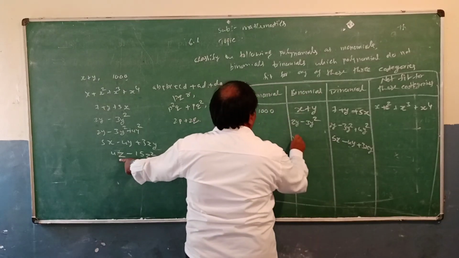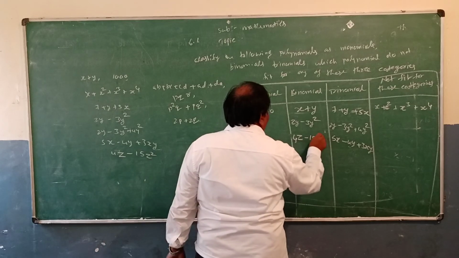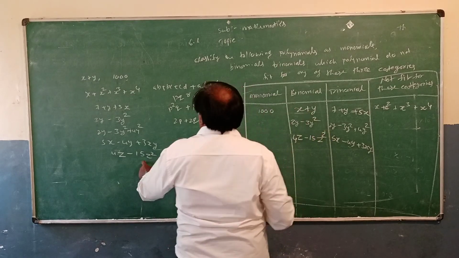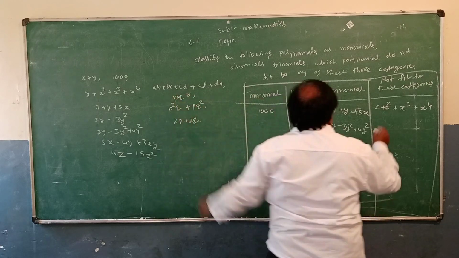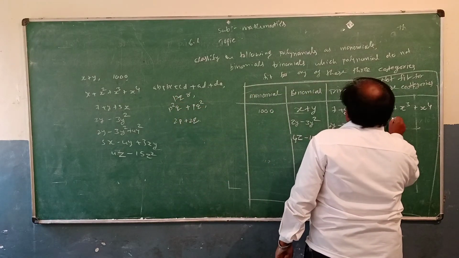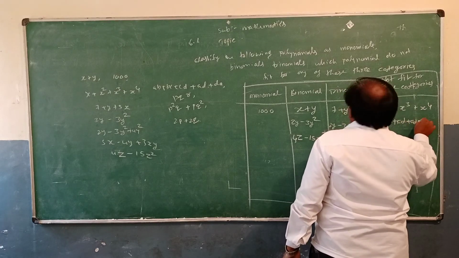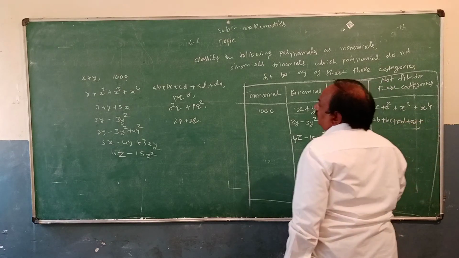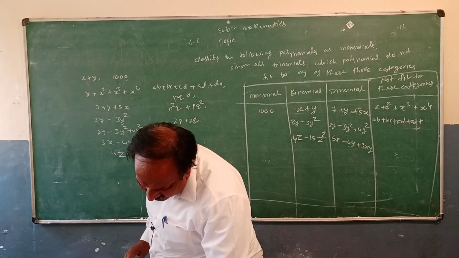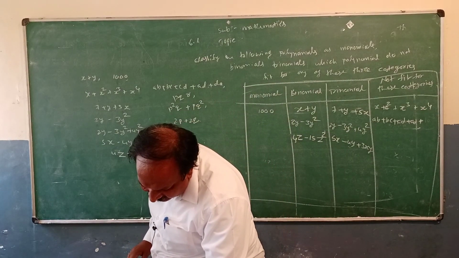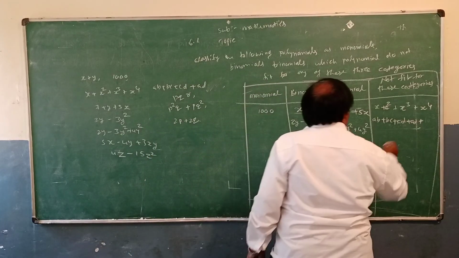This is 4z minus 15z square, which comes under binomial. This is not fit for these three groups: AB plus BC plus CD plus AD.